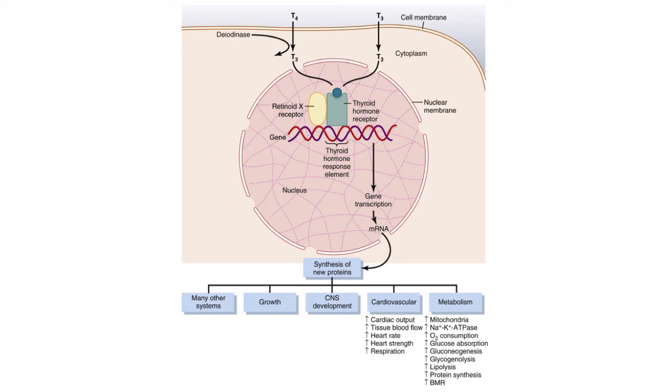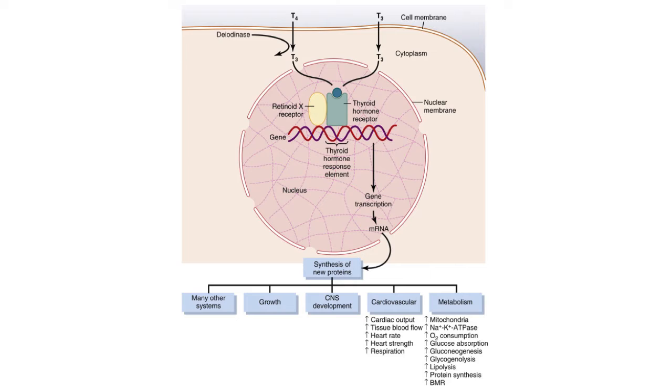Okay, so T4 can enter the cytoplasm, but eventually it will have to be converted to the active hormone, which is T3. T3 will then enter the nucleus through small holes in the nuclear membrane.